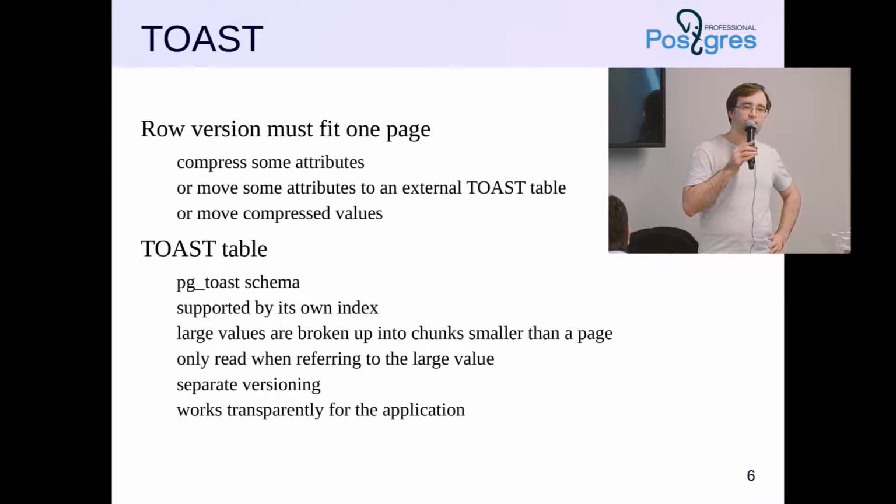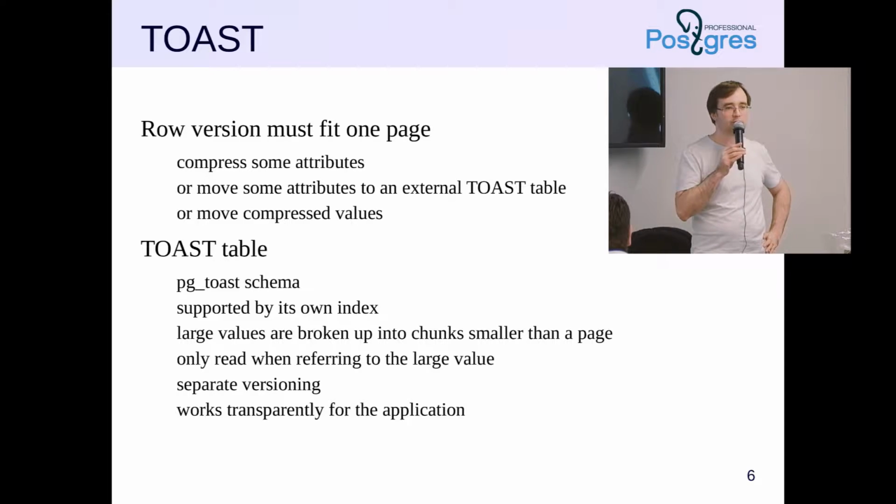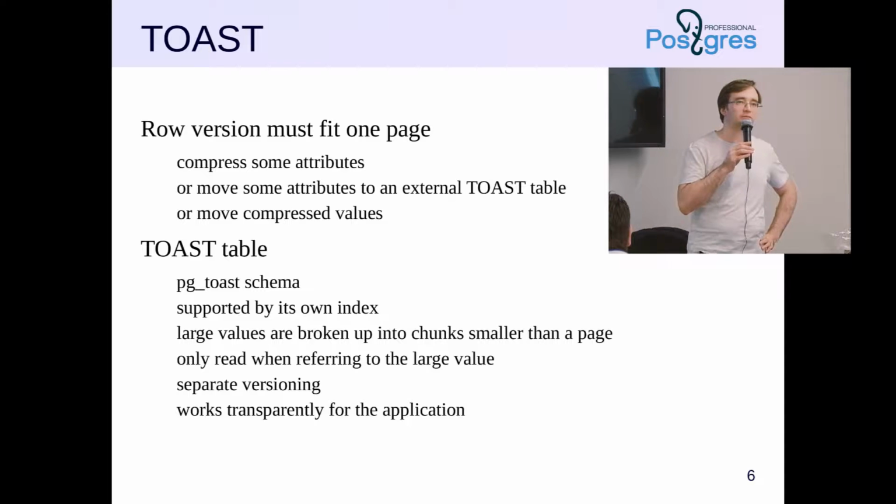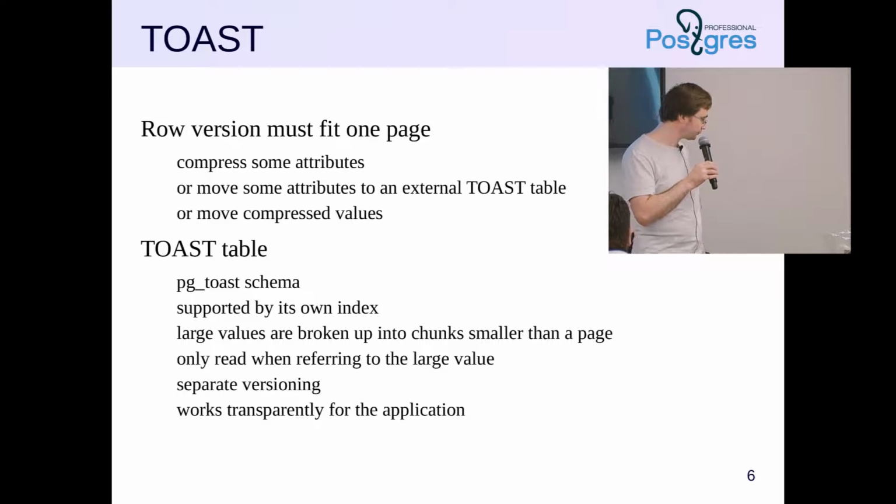And if you don't use these long attributes in your queries, Postgres will not access the toast table and it will work efficiently. This is one of the reasons not to use select star in production systems. Specify only fields that you actually need. It is better.